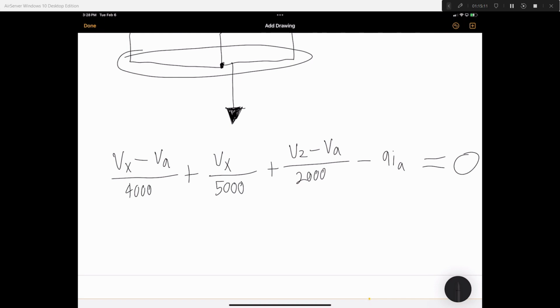V sub X minus, which is relating to the first question that it asks us. How do they relate? There's a constraint.